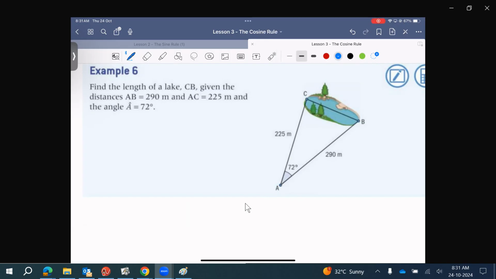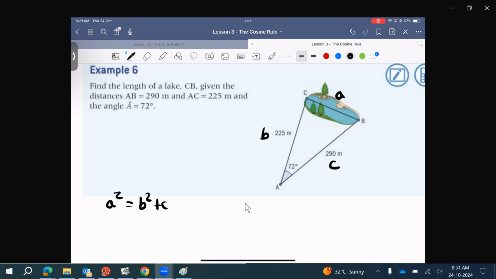So with this form of the cosine rule, this is side A, this is side C, and this is side B. We want to use the form which is a squared equals b squared plus c squared minus 2bc cosine of A. So let's put the numbers in now.